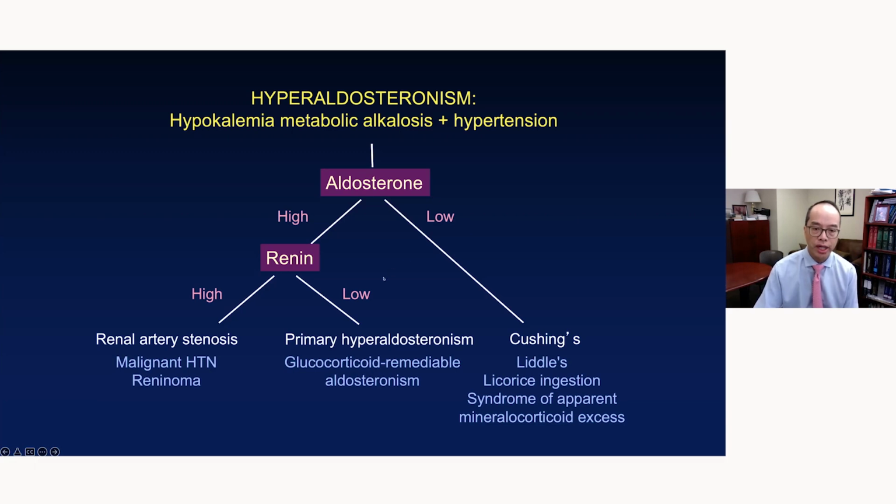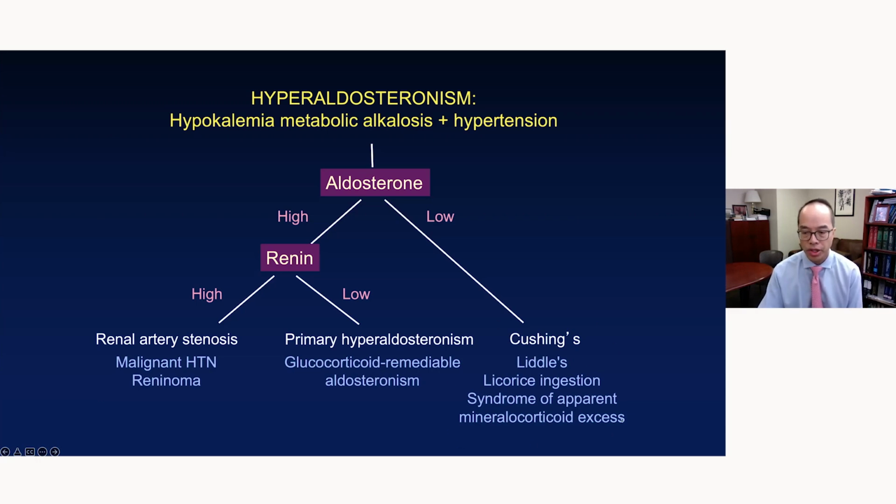If both renin and aldo are low, this suggests a condition that mimics high aldo, so either high cortisol levels from Cushing's, or inhibition or mutation of the gene that metabolizes cortisol to cortisone, so licorice ingestion or apparent mineralocorticoid excess, or a mutation that leads to overactive epithelial sodium channel, which we call Liddle's.